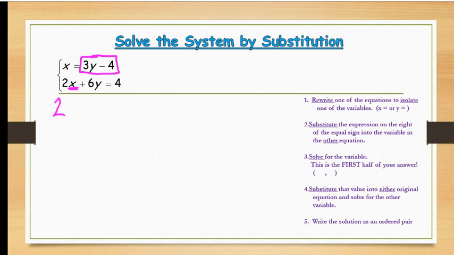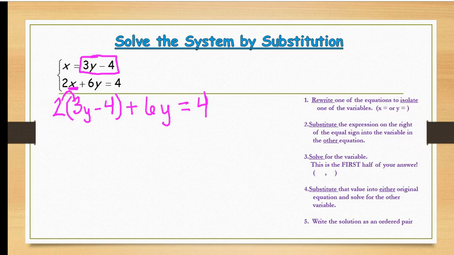So I'm going to have 2 times 3y minus 4 plus 6y equals 4. Well, to solve for y, the first thing I have to do is expand. Right here I have to distribute that 2, then combine like terms and then solve for y. So I'm going to start by distributing the 2.